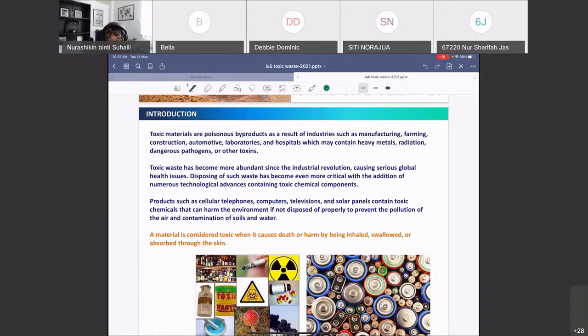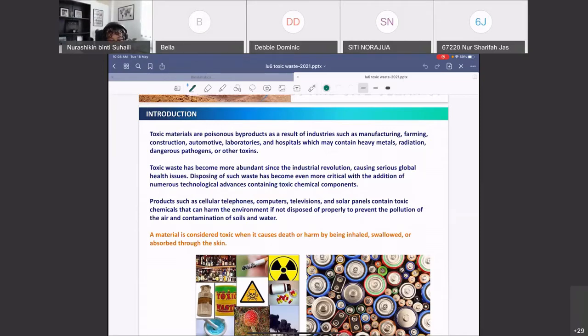All these activities emit toxic materials, and those toxic materials can be heavy metals, radiation, dangerous pathogens. Pathogens are those microbes that can cause diseases or harm to the human and environment. And other types of toxics.